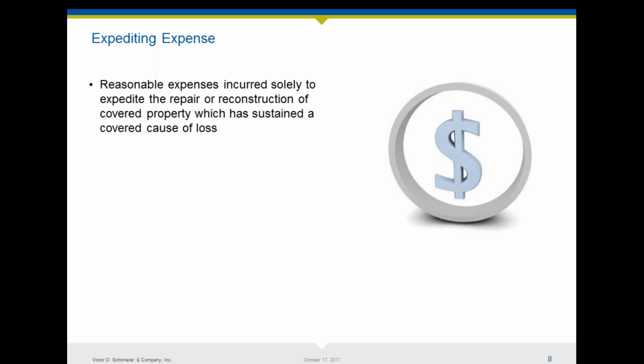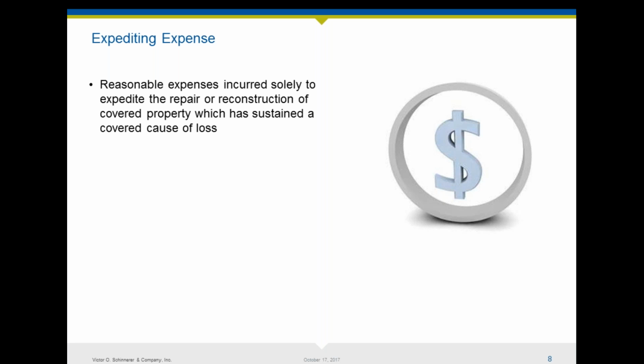Expediting expenses. Now this is something where our form stands out. We automatically include expediting expenses. So if there has been a loss and you have incurred expenses to bring the work back up to the expected timeline, so you need to speed up the work because of the loss.